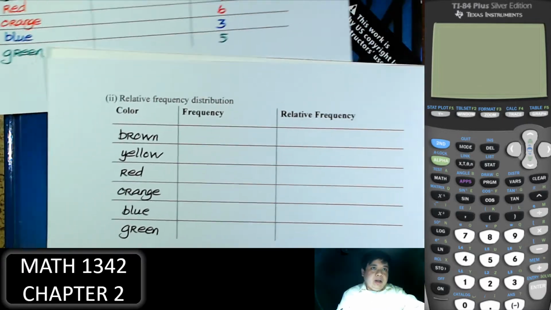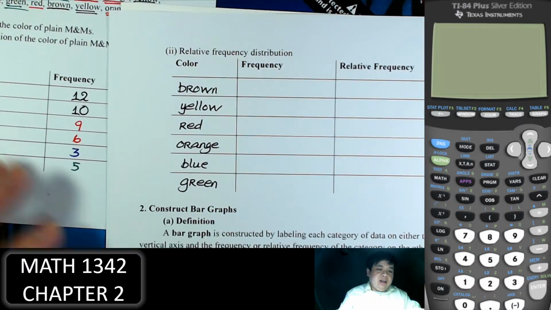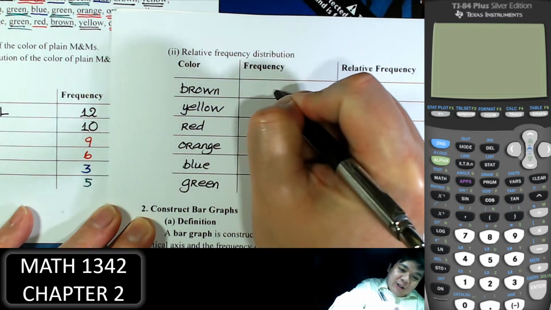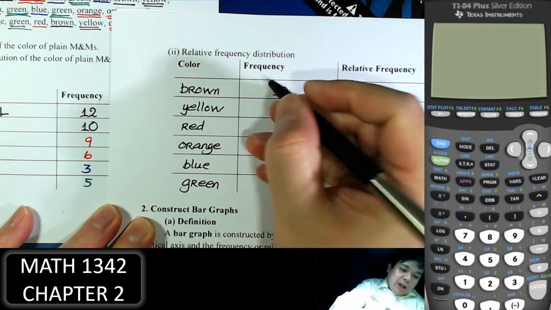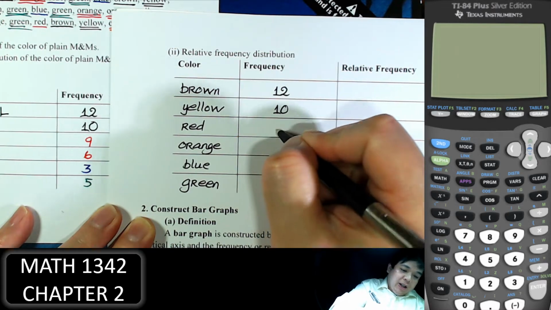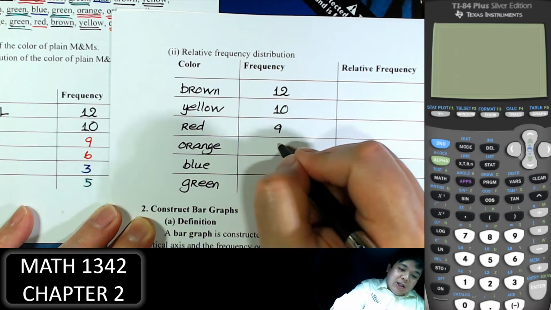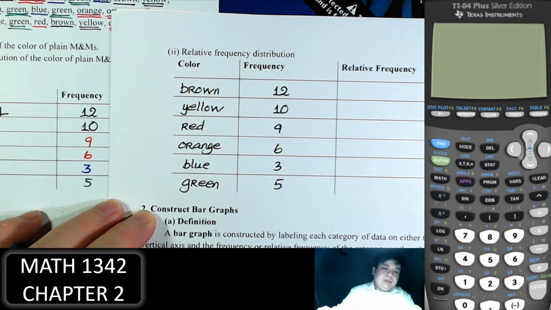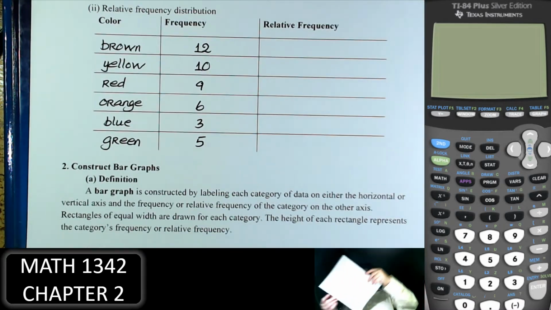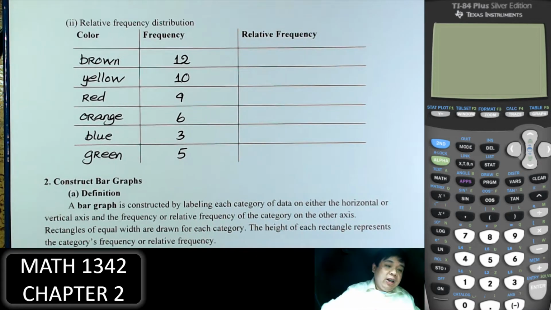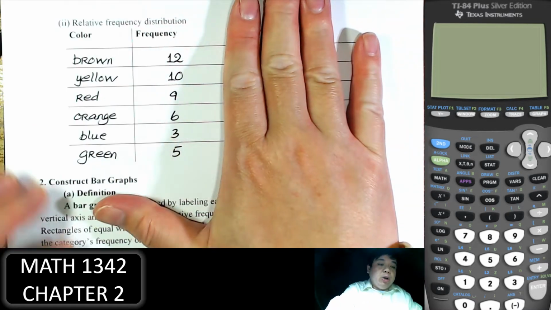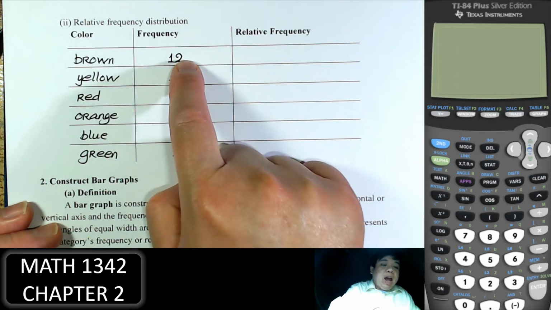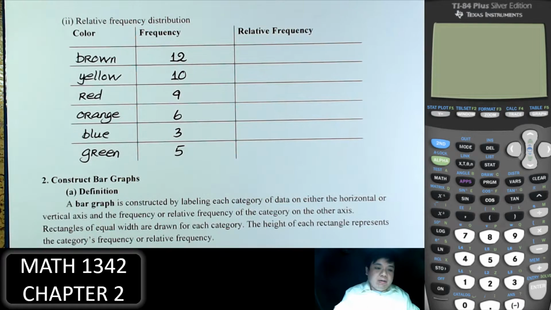Brown we have 12, yellow 10, 9 red, 6 orange, 3 blue, and 5 green. So this is the frequency distribution. Now for the relative frequency distribution, we have to say how many we have relative to the rest of them.